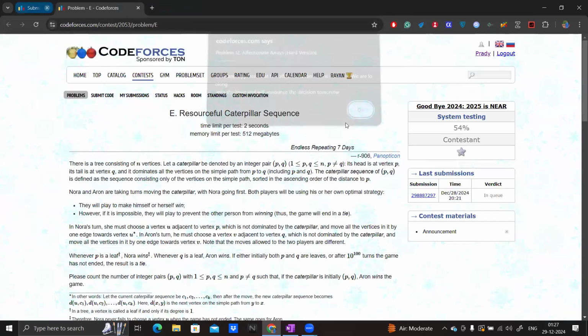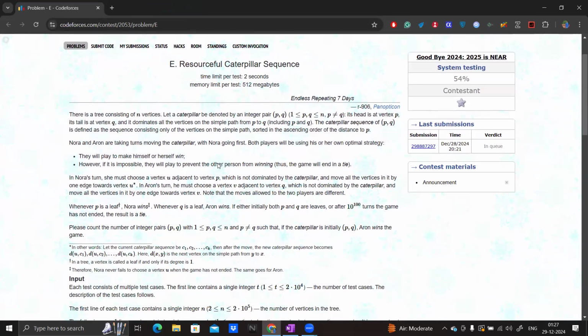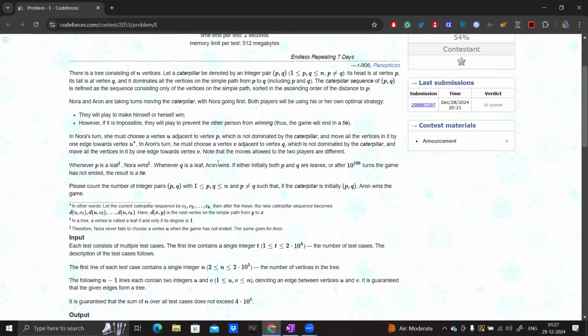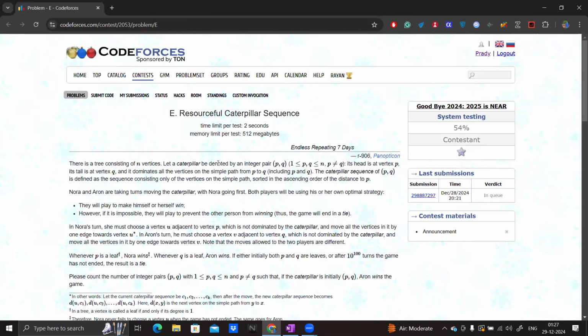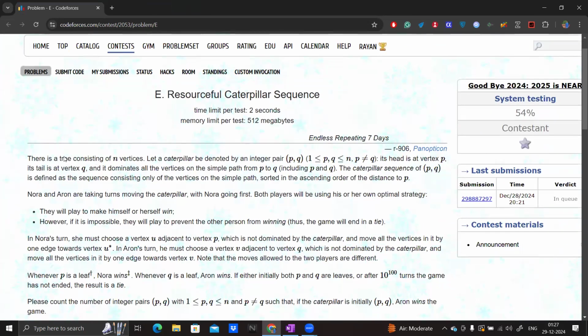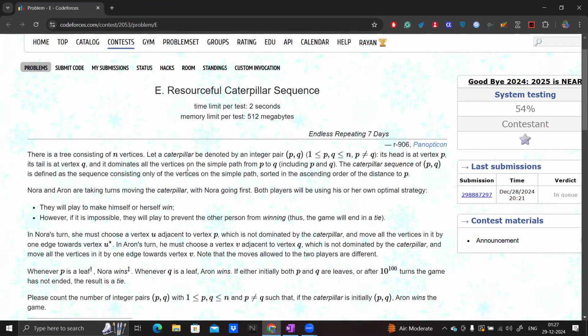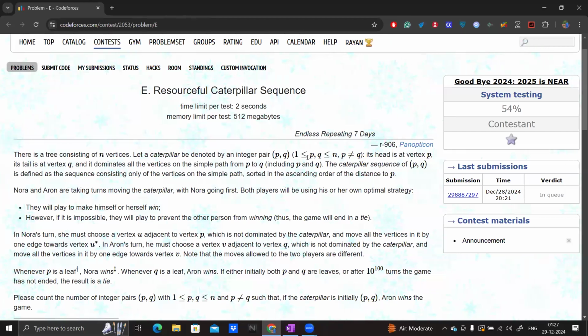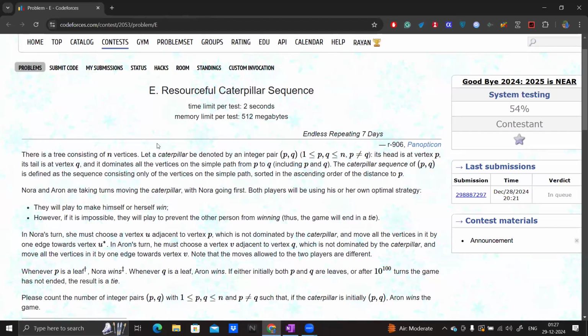Now on to problem E. The problem E goes like there is a tree consisting of n vertices. Let a caterpillar be denoted by an integer pair p comma q. Its head is at vertex p.